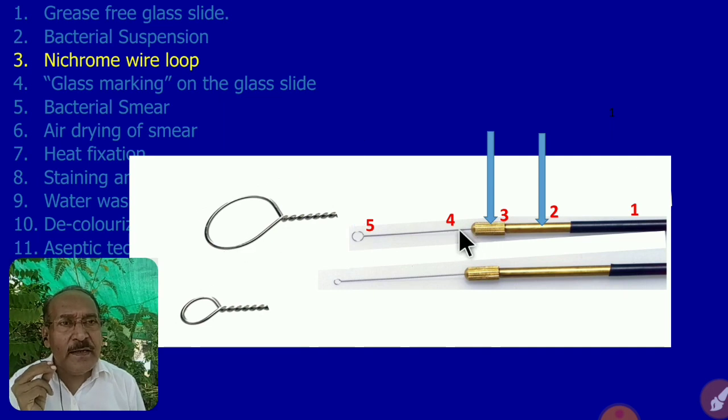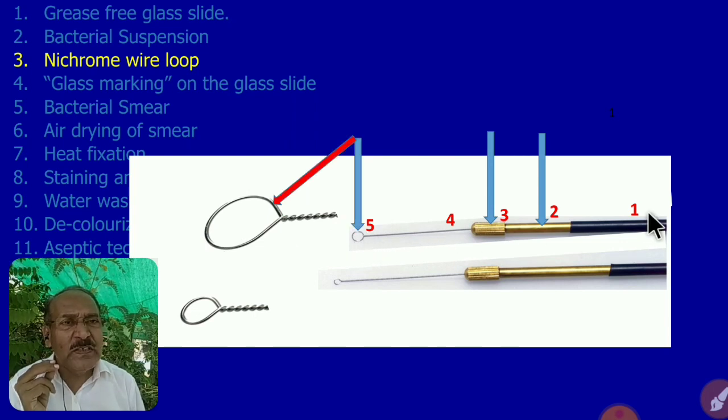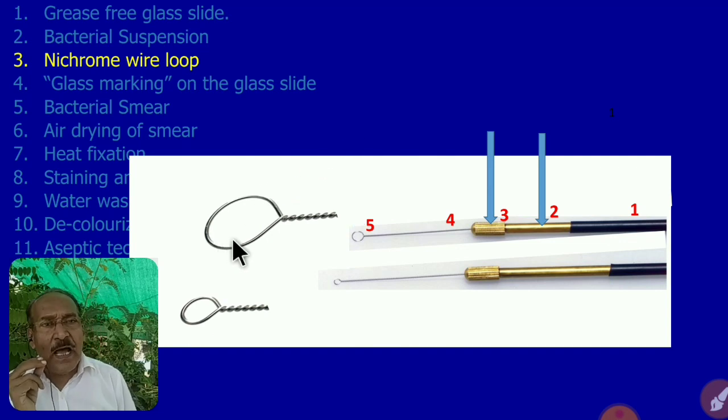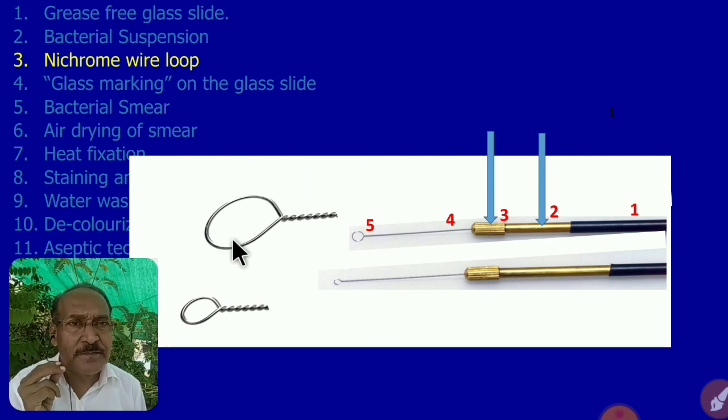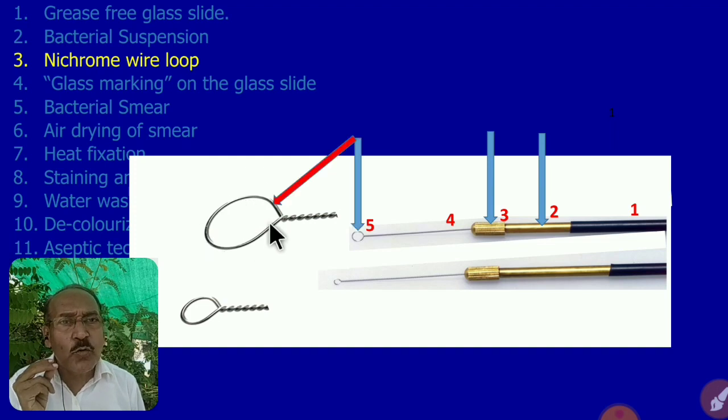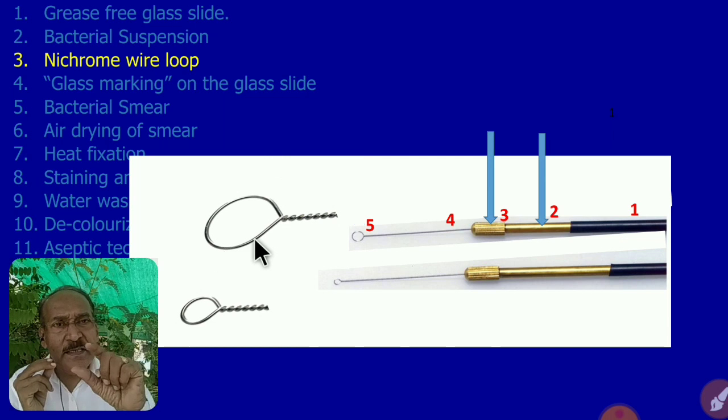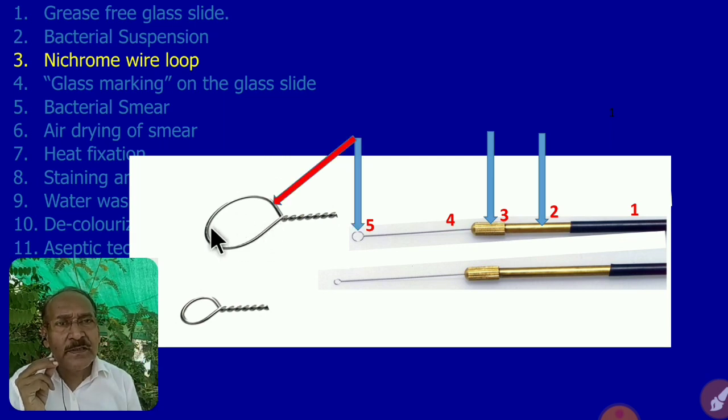This wire is a nichrome wire. Holding this nichrome wire with a loop at the tip, all these 5 parts together are named as nichrome wire loop. Now this loop portion can have variable sizes, averaging to 5 millimeters plus or minus. Now when you dip this loop portion in any bacterial suspension, and if you take it out, then you can see within that loop there is some thin film taken in this circular loop.